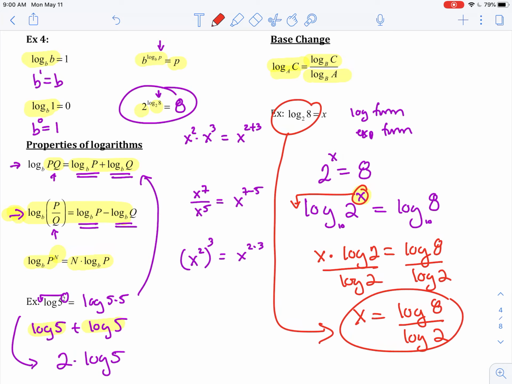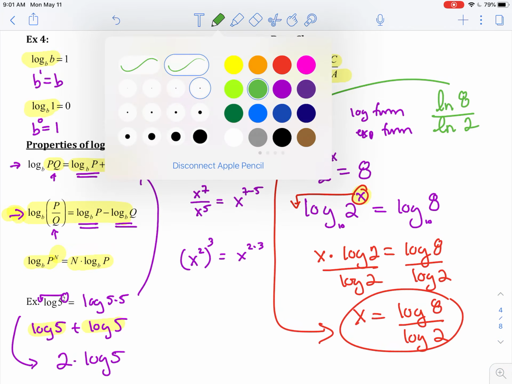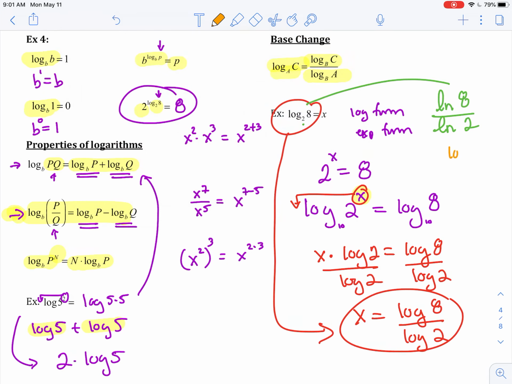If I wanted to switch this to base e, right now this was base 2, this was base 10, if I wanted to switch this to natural log, then it would be the natural log of 8 divided by the natural log of 2. If I wanted to switch it to base 7, I would do the log of 8 base 7 divided by the log of 2 base 7.